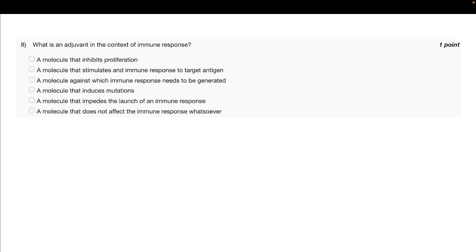No, you have to choose only one. This question will have only one. The last one: that does not affect the immune response whatsoever. Okay, that's one response. Anybody else? Sorry? Second option, a molecule that stimulates an immune response to target antigen. Okay, that's a response. Anybody else? Thanks for answering.